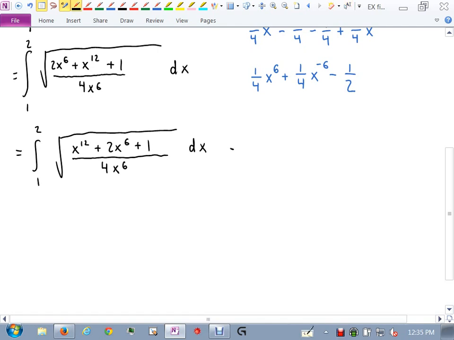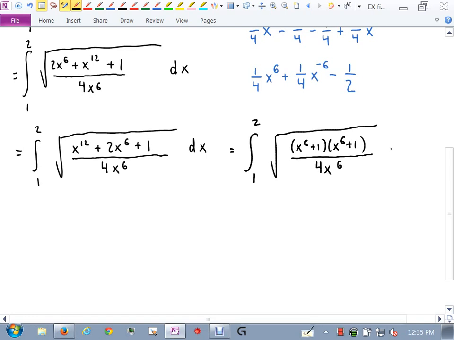So isn't that x to the 6th plus 1 times the same thing? You have to be able to see that though, right? This factors to this. And then since it's the same thing, that may as well be x to the 6th plus 1 squared, right?